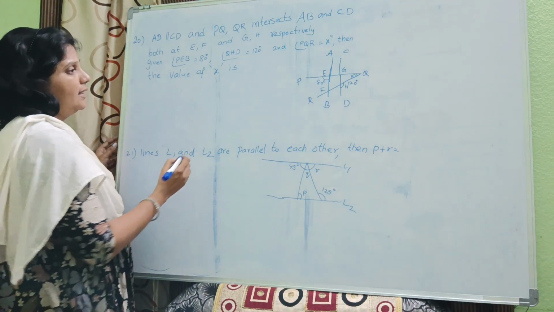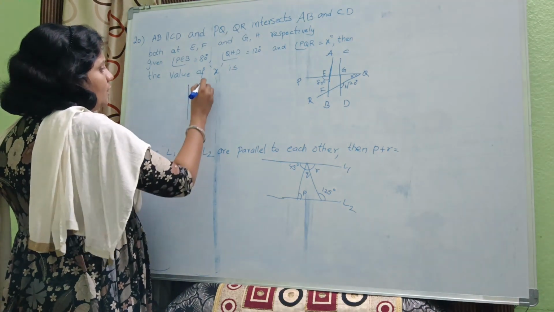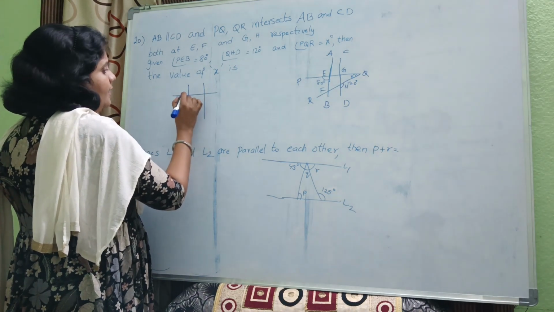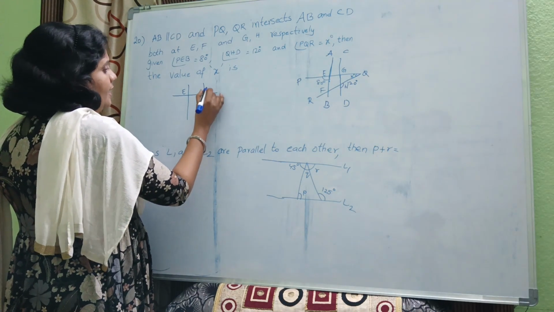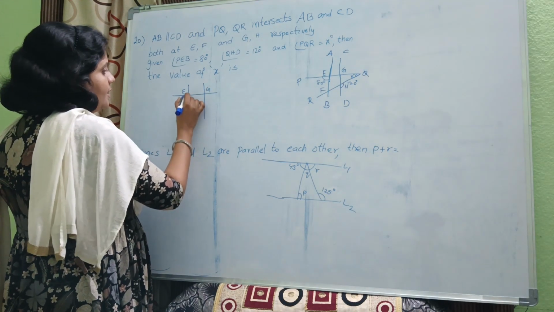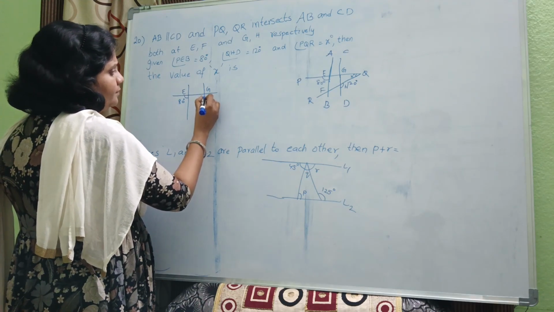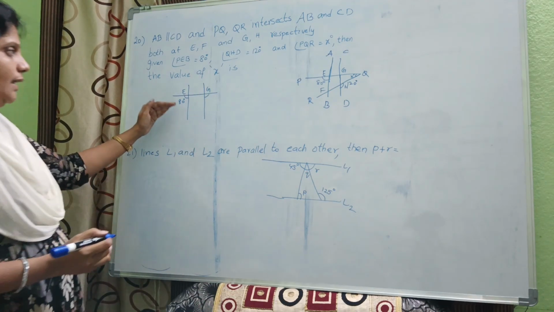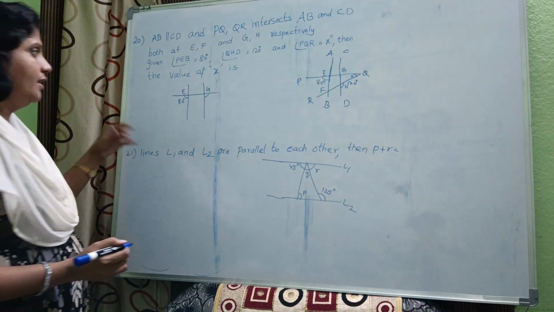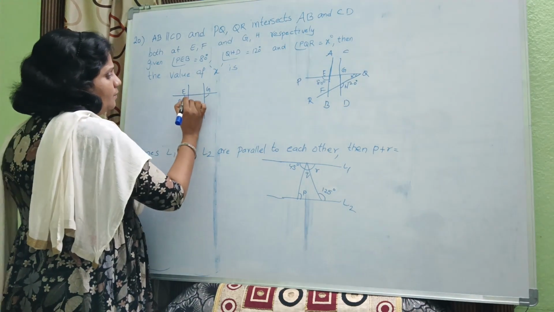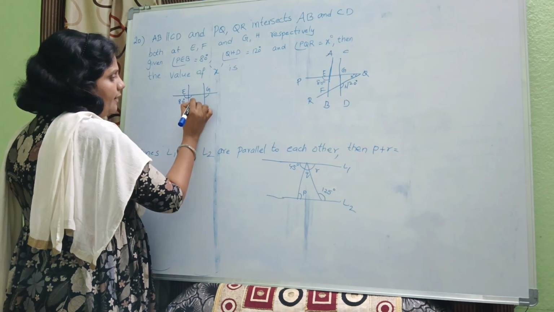Observe the parallel lines. These two are the parallel lines and this is the transversal AG. Here is 80 degrees, and what is this value? So what is this? 100 degrees. Why?